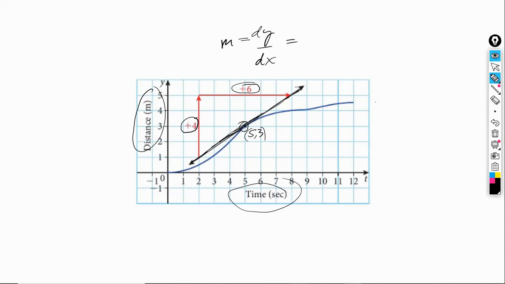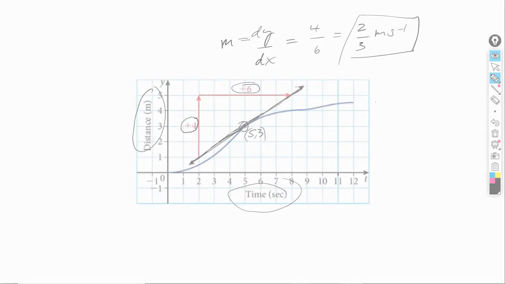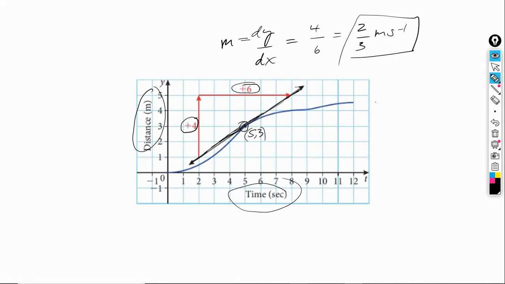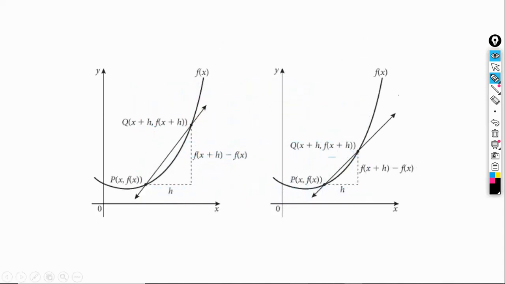So rise is 4 and run is 6, and then we can divide these two by 2 and we get 2/3. So it's going to be 2/3 meters per second. We can conclude that at exactly 5 seconds, the instantaneous rate of change of this particle was 2/3 meters per second. So the instantaneous rate of change here is an instantaneous velocity.